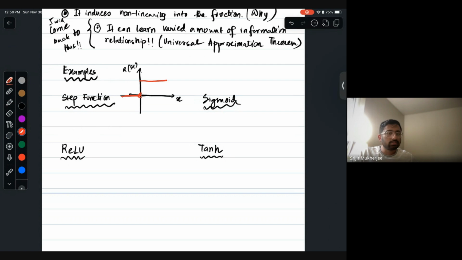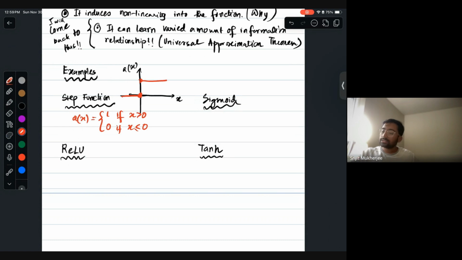If it is less than or equal to 0, then 0. If it is greater than 0, then it's 1. So a of x is 1 if x is greater than 0, and 0 if x is less than or equal to 0.